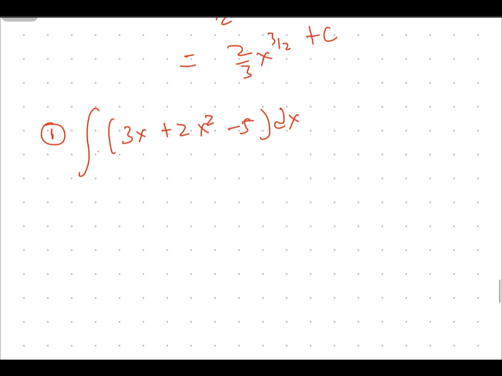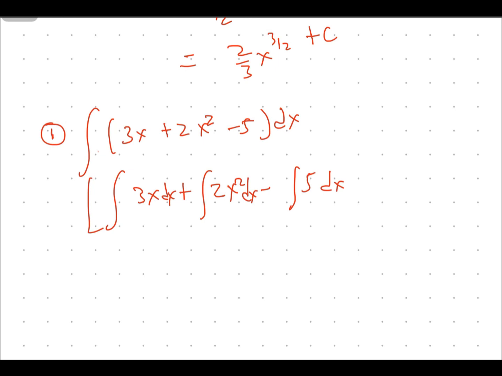And don't forget, let me explain something small to you. When you are given a polynomial like this, you can just simplify it and do the integral individually. So with this, just do the integral of 3x plus the integral of 2x squared minus the integral of 5, all dx, all dx, all dx.